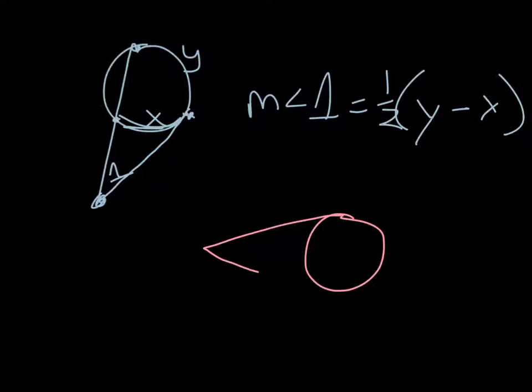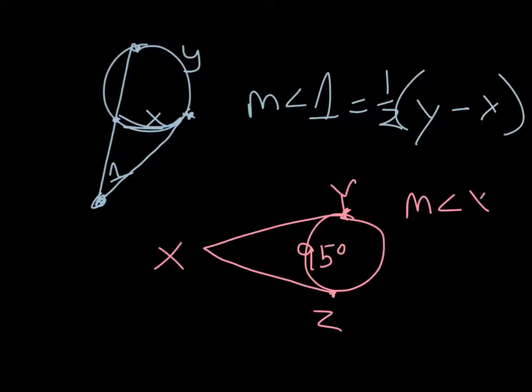So let's say here, I've got two tangents. I've got X, Y, Z, and I tell you that I've used up 95 degrees in here, and I'm asking you just for the measure of angle X. Well, since we have it out here, we know that it is 1/2 the difference of the arcs.